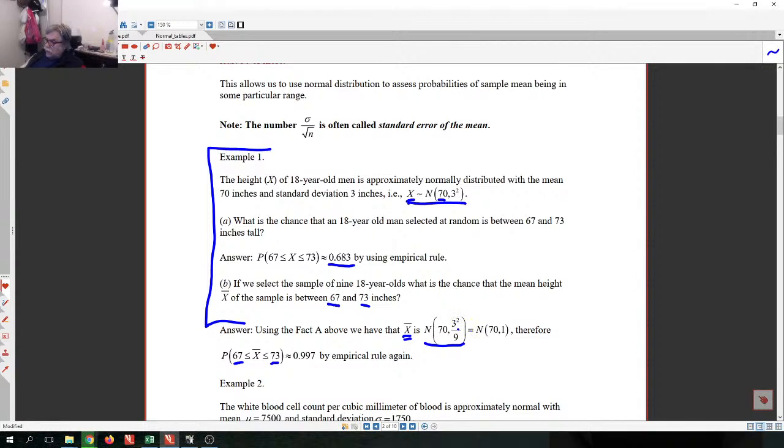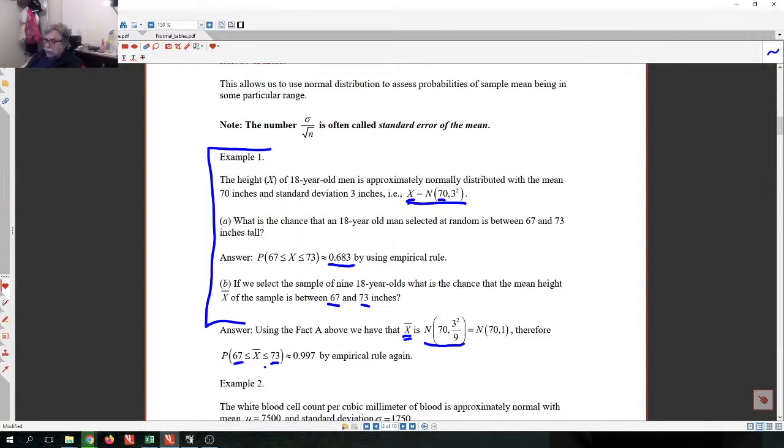The variance here is 1, and the standard deviation, the square root of the variance, is also 1. So we are really talking about 70 plus 3 times the standard deviation, 3 times 1 above, and 70 minus 3 times the standard deviation below 70.